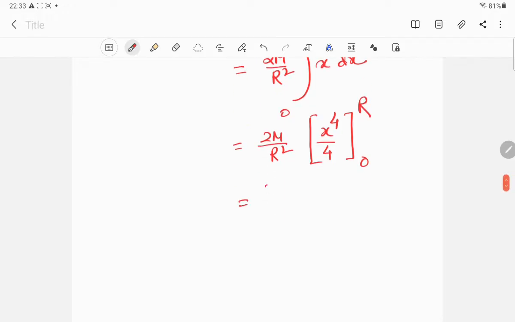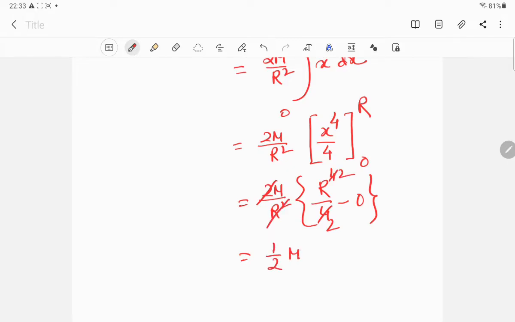So we have 2m/r square times R to power 4 by 4 minus 0. Now this 2 and 2 get cancelled, and this r square gets cancelled, so we have half m r square.